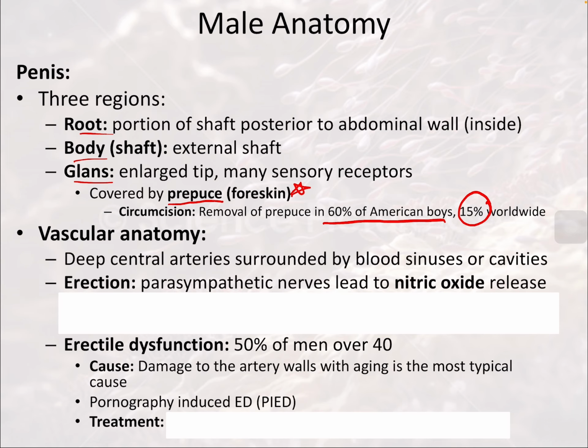Okay, so this is a highly American thing, for a circumcised penis to be more normal, but across the world it's actually very, very rare to undergo circumcision. So much so that most insurance companies don't cover circumcision anymore. It's an elective thing that you actually have to pay for, and your insurance won't cover it.